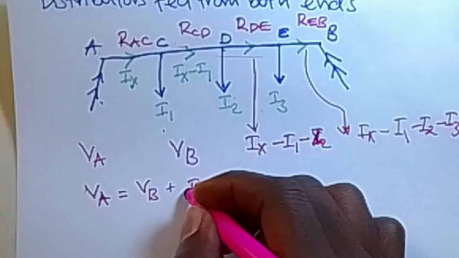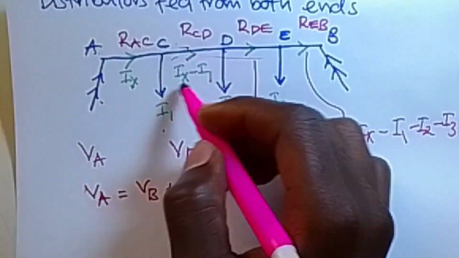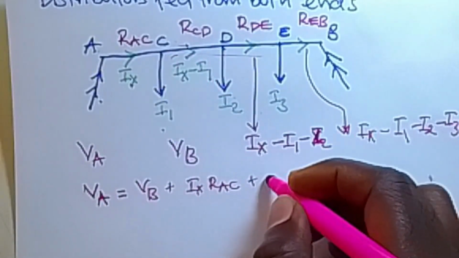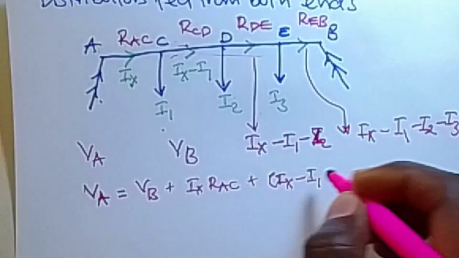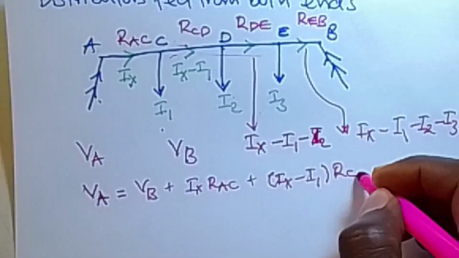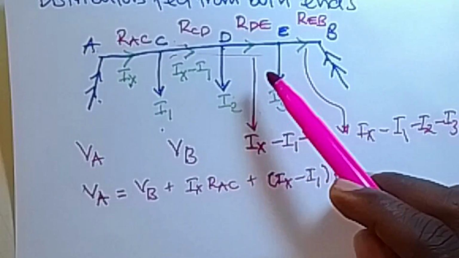So it will be Ix times RAC plus the current flowing in this section times the resistance there. Now the current is Ix minus I1, and then the resistance across this section is RCD.